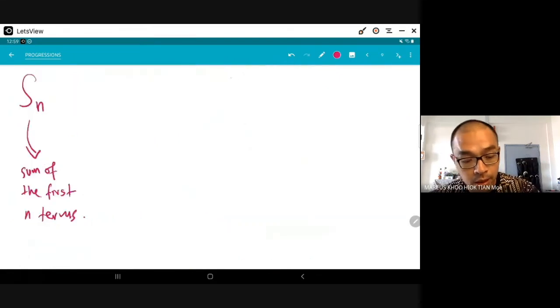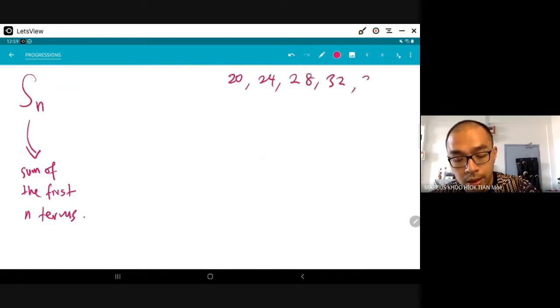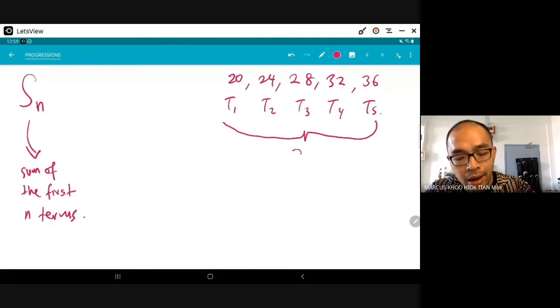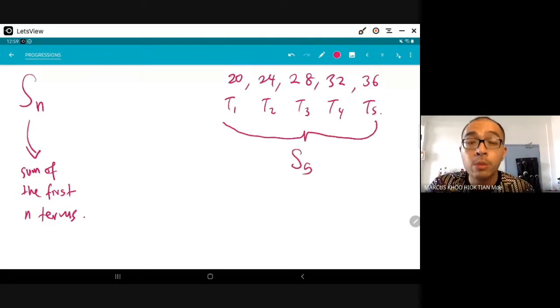Ini. Okay, 20, 24, 28, 32, 36. Ini adalah T1, T2, T3, T4, T5. So Sn maksudnya kamu tambah dari yang first sampai ke yang kelima. Ini adalah S5. Itu maksudnya S ini. Kamu tambah dari yang first sampai kelima.